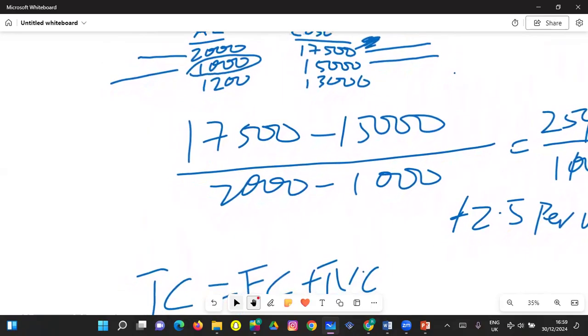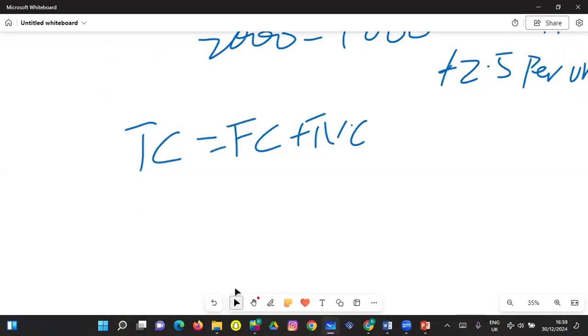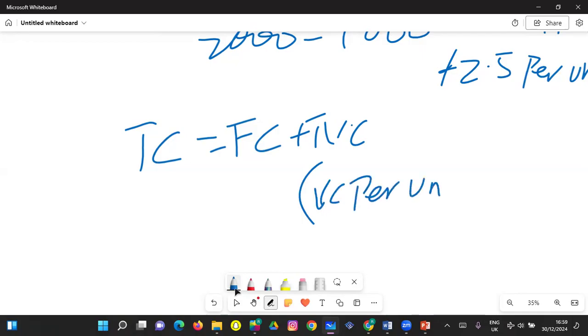Let's say we are using the highest activity level. Remember, total variable cost is equal to the variable cost per unit, VC per unit, times the output or activity level, right?